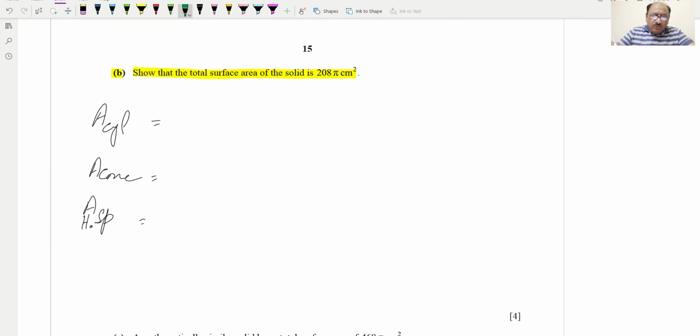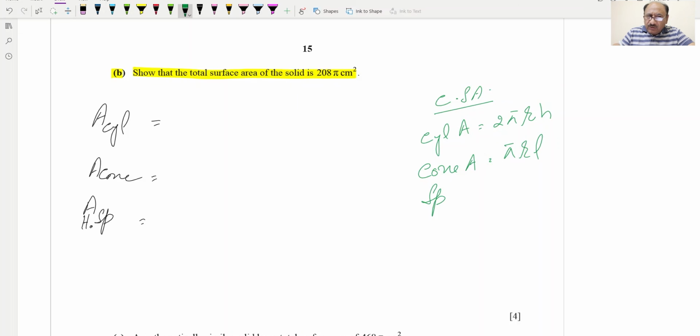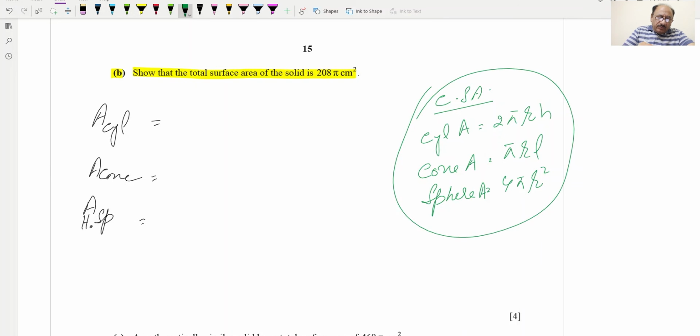And the formulas we can also write. Curved surface area of cylinder will be equal to 2 pi r h, and these formulas are also given in the formula sheet. So pi r l for the cone, and sphere area will be equal to 4 pi r squared. So we will be using these formulas and we will be getting the answer.